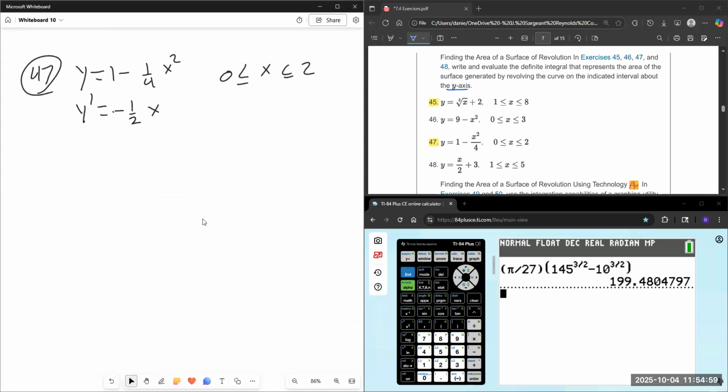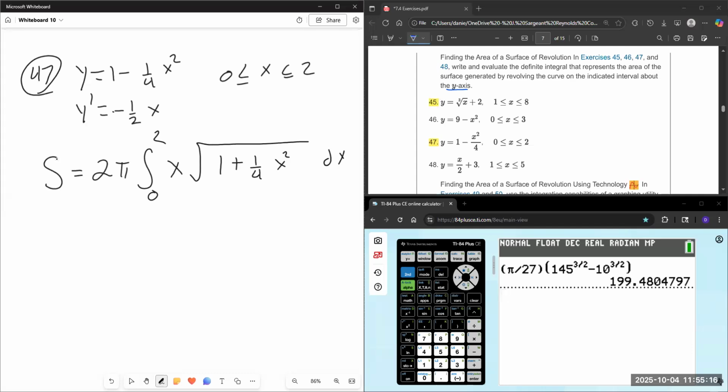And I, again, am revolving around the y-axis. So capital S is going to be 2 pi integral from 0 to 2 of x times the square root of 1 plus this thing squared, 1/4 x squared, dx.